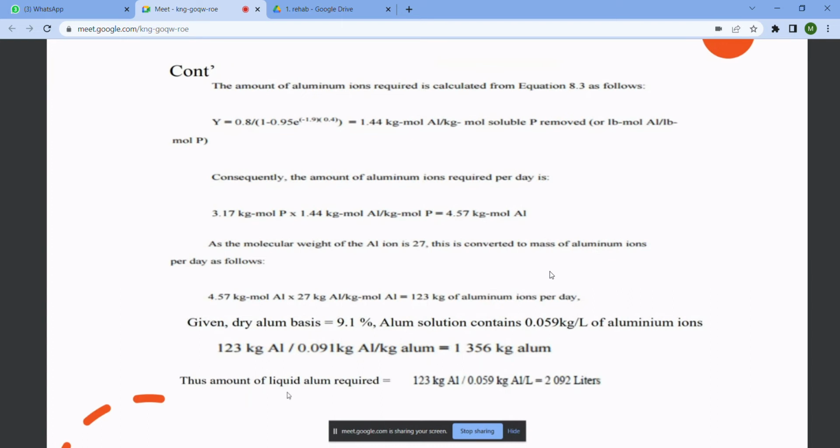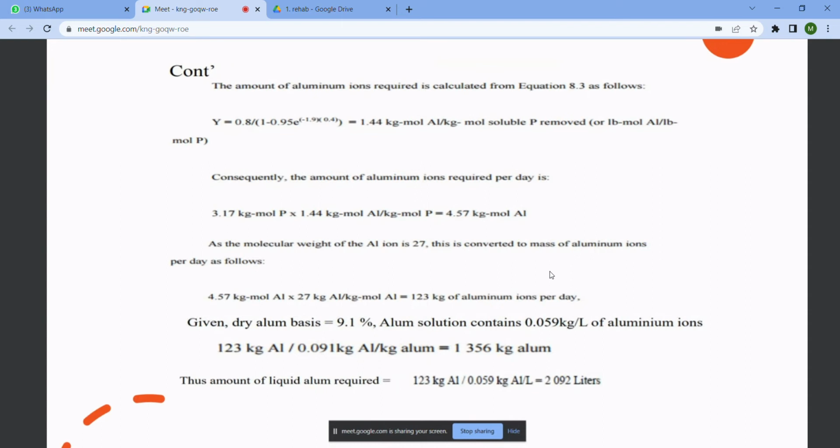So the amount of liquid alum required. The one that we have in our lab is in the form of powder, so we can measure it in kg. However, in a water treatment plant, normally it will be added in the form of solution.